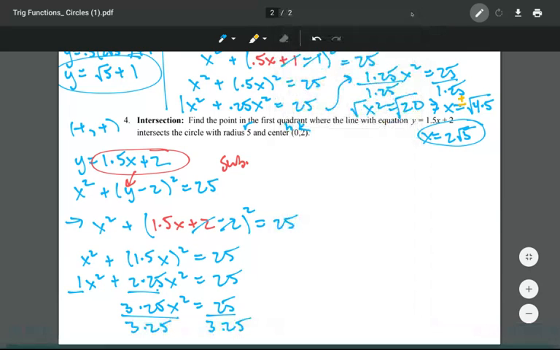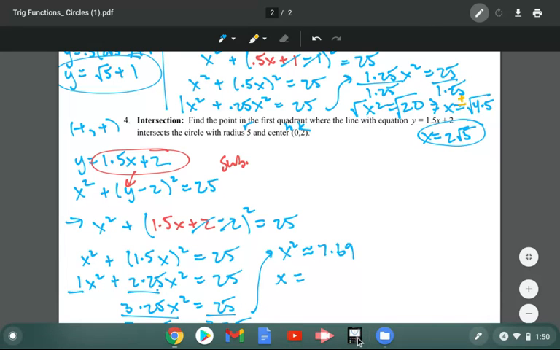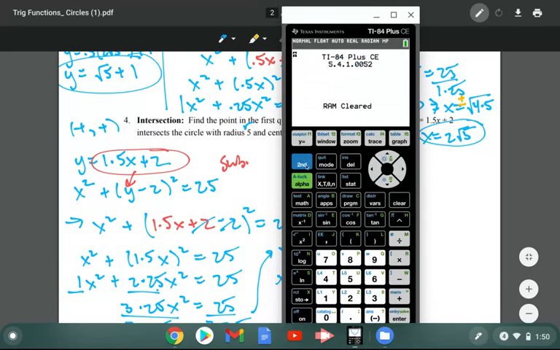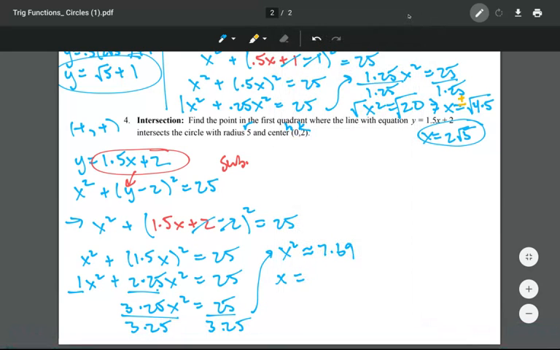So I'm just going to approximate this one. So x squared is approximately 7.69. So x, I ignore the plus or minus. I'm going to go ahead and take a square root of this. So I'm going to go second square root, 7.69. And I get 2.77. So we'll call that 2.77. I'm approximating.